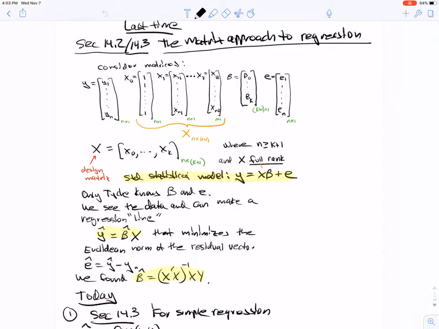Using some geometric argument, we found that our estimated coefficients beta hat is X transpose X inverse X transpose y.